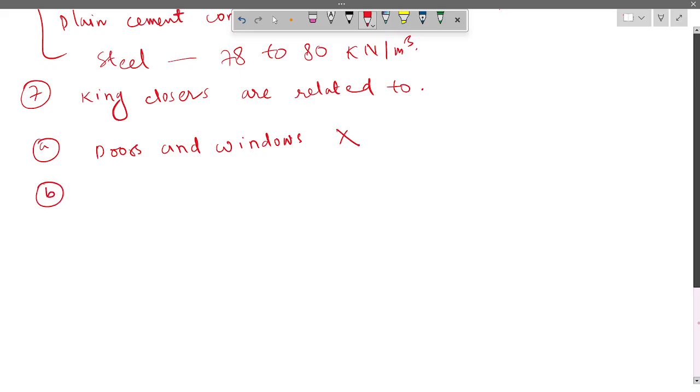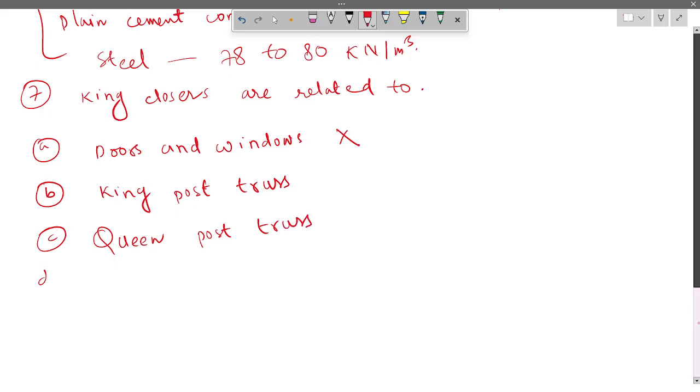B, king post truss, no, it is wrong. C, queen post truss. The last option is brick masonry.